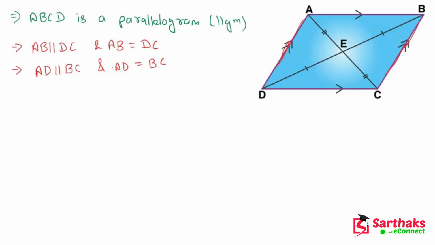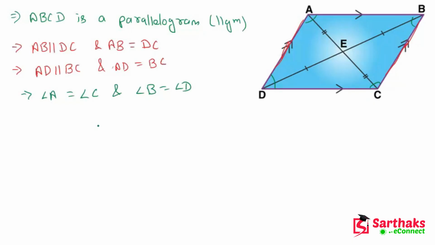We know that opposite angles are equal also. So we can write angle A is equal to angle C, and angle B is equal to angle D, because they are opposite angles. Now angle A and angle D are supplementary angles, because these interior angles lie on the same side of the transversal. Similarly, angle B and angle C are also supplementary angles.